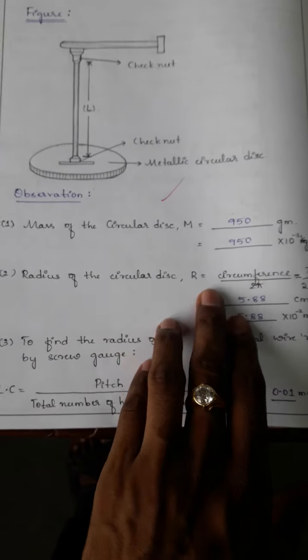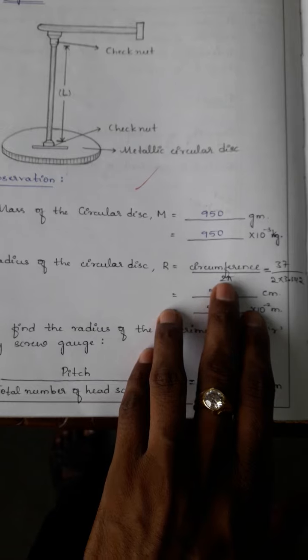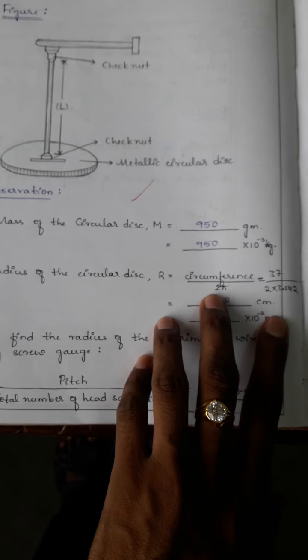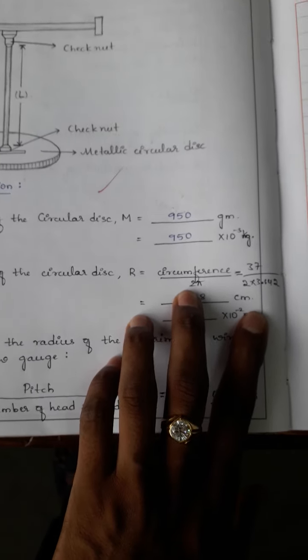Then how to calculate the radius of the circular disc? Circumference divided by 2 pi. We have to measure the circumference by using this thread. Just for example, this is a circular disc.